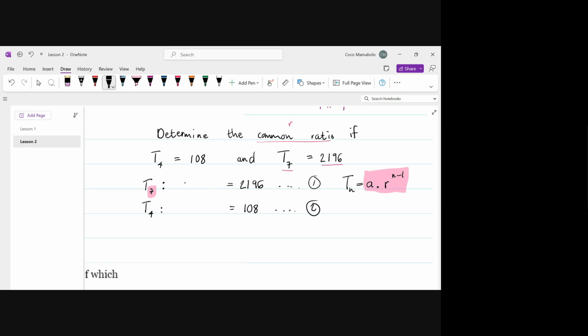So we're going to go A times R to the power of 7 minus 1. And then I'm going to do the same thing down here. I now know that I've replaced n with 4, so I'm going to do the exact same thing. A times R to the power of 4 minus 1.